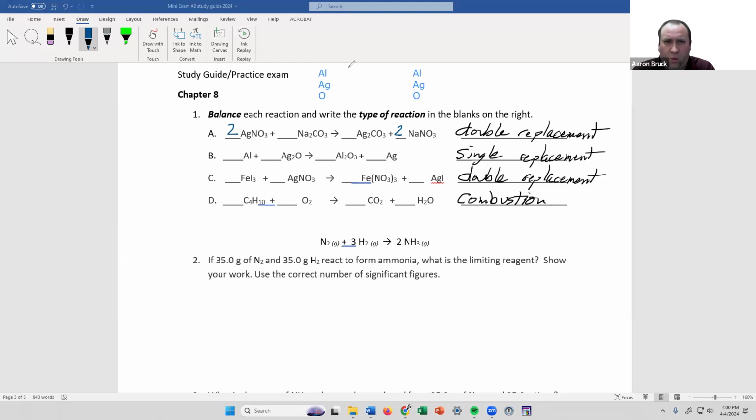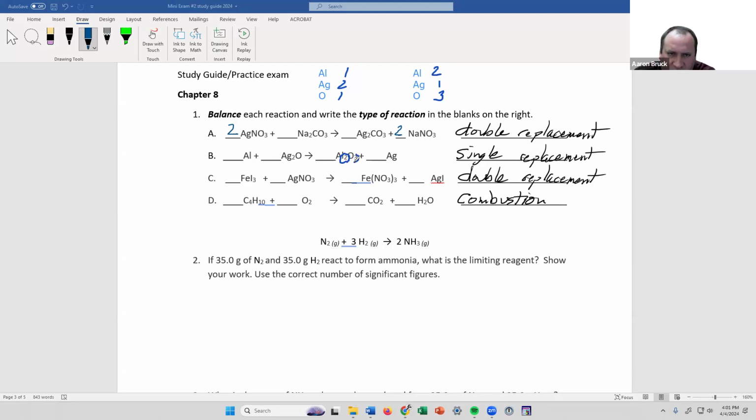There are 1 aluminum, 2 silvers, and 1 oxygen on this side. There are 2 aluminum, 3 oxygen, and 1 silver on that side. Nothing's balanced right now. So here's where one of my balancing equation tips is going to come in handy.